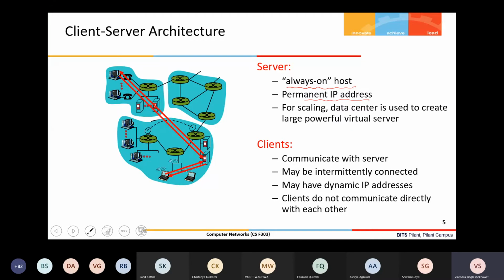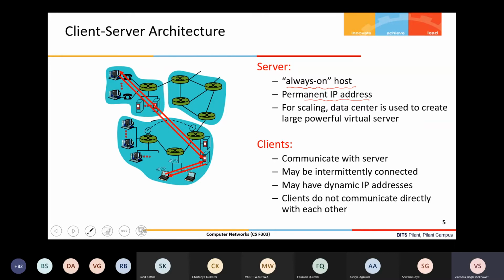That's why nowadays we see that there is a concept of virtual server. So virtual servers in data centers, what happens? You have a huge amount of resources, meaning computing resources, storage, memory, and all. And then in the data centers, they actually create a logical machine, which we call a virtual server in terminology.